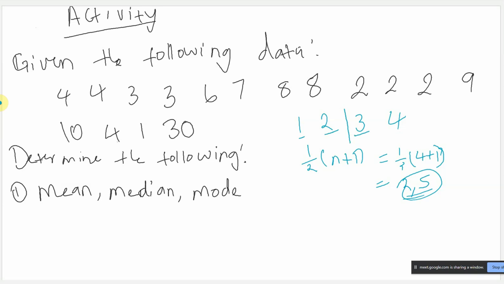So if the set of data is in the even form, the median cuts the data into half, so you add these two numbers and then divide them by 2 to find the median. But I'm not sure about these activities because I'm not sure how many data you have.